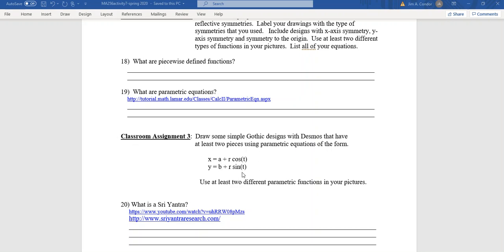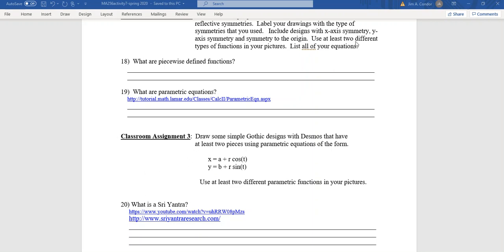But in this case, we're going to look at this right here. These would be considered parametric equations, and I'm going to show you an example. Because I have x as a function of t, and y is separately a function of t, and they're different functions. So y is not dependent on x like in a typical Cartesian coordinate plane.